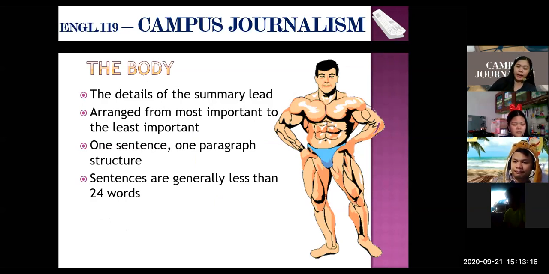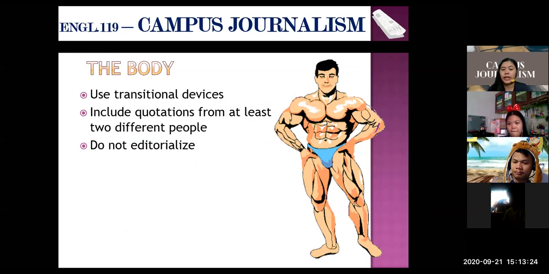One sentence, one paragraph structure is most preferable, and sentences are generally less than 24 words. We could also use transitional devices like furthermore, moreover, and so on. Include quotations from at least two different people. If you are using a quote structure of news, then the better.